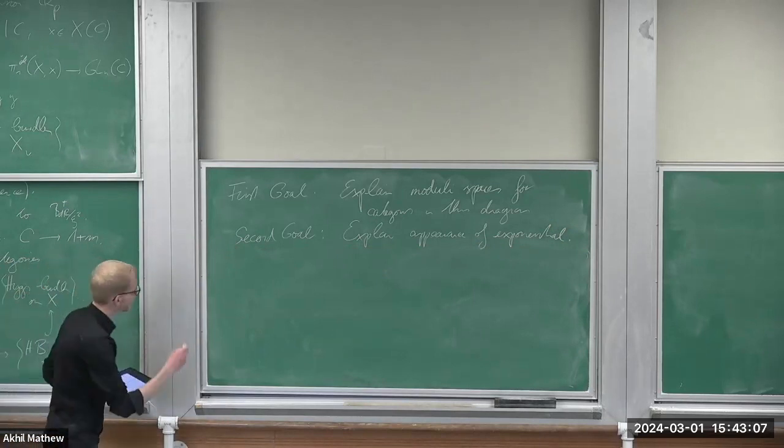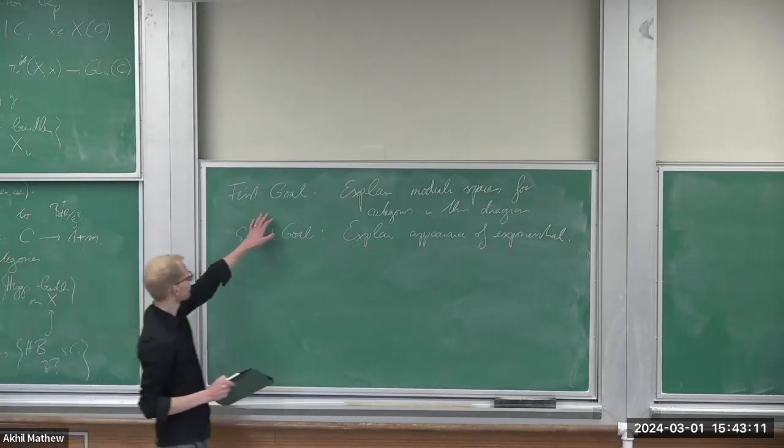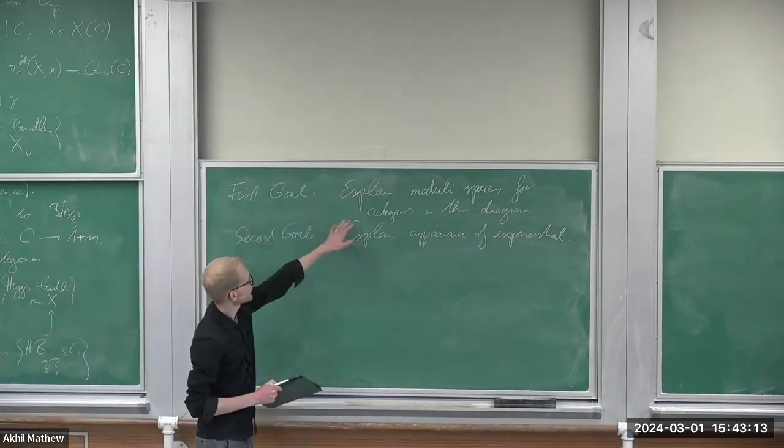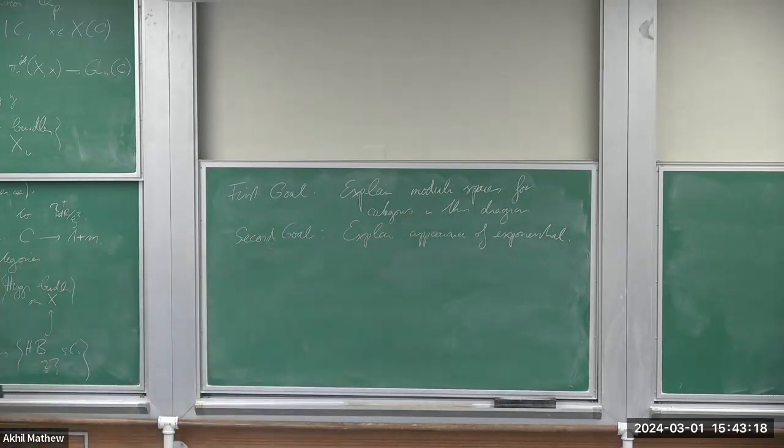But I should point out that there are other reasons why this is a good thing to study moduli spaces for these objects. The first thing is already in the case of line bundles: in order to understand what happens, in the case of line bundles, this diagram is completely understood. In particular, I know what I need to write here. And the answer uses moduli spaces in an essential way.